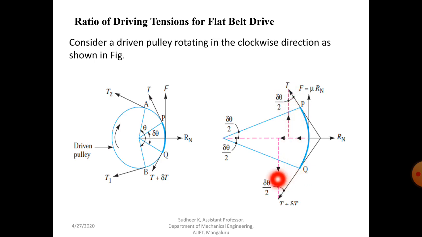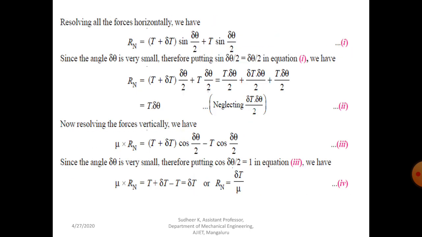But opposite to these two forces, one more force is there, that is T plus dT. You have to resolve this into its vertical component, so that you will get the downward force as (T plus dT) into, not sine, cos d theta by 2. So that's why I have mentioned here.